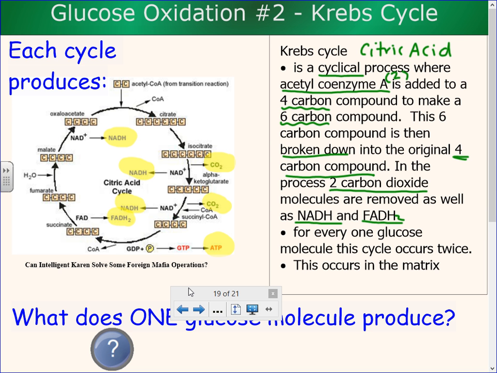FADH and NADH are just reduced molecules. They didn't have hydrogen before, and now they do. Just like the first step we talked about today, the link, for every one glucose molecule, this cycle occurs twice, and it occurs in the matrix of the mitochondria.